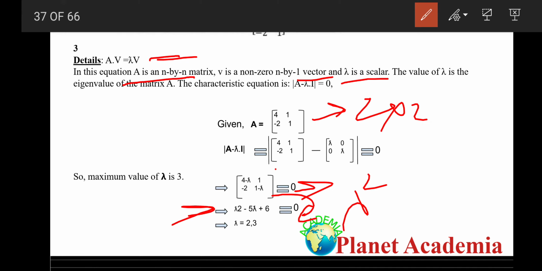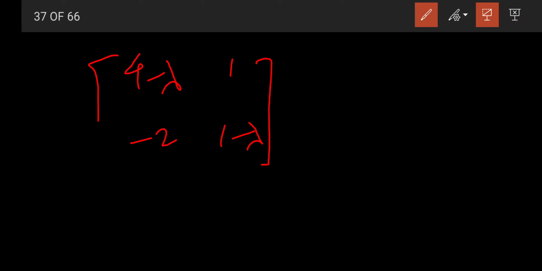The final product after subtracting is this one. So I am taking this equation directly: the determinant of 4 minus lambda, minus 2, 1, 1 minus lambda, equals 0, right?